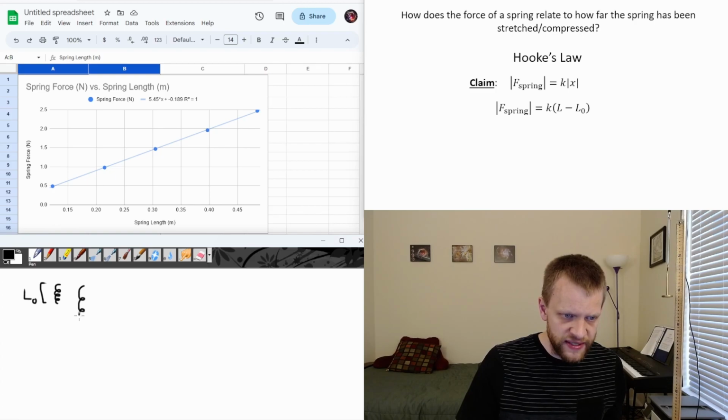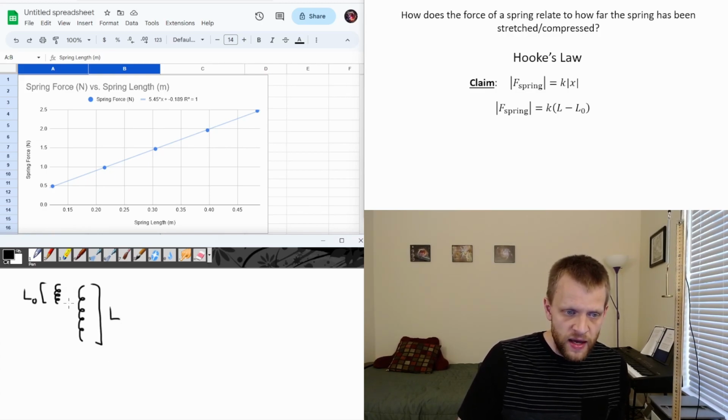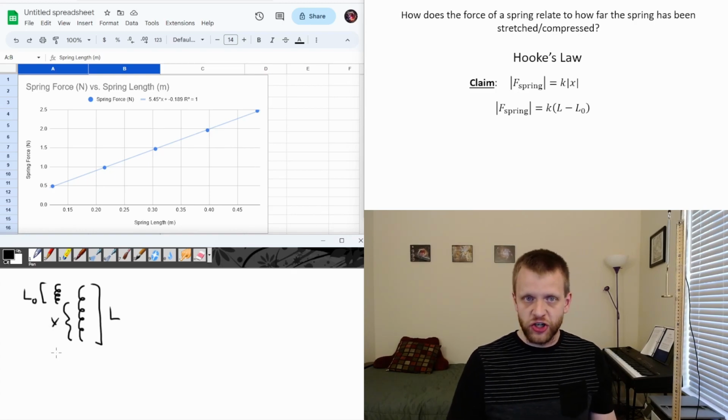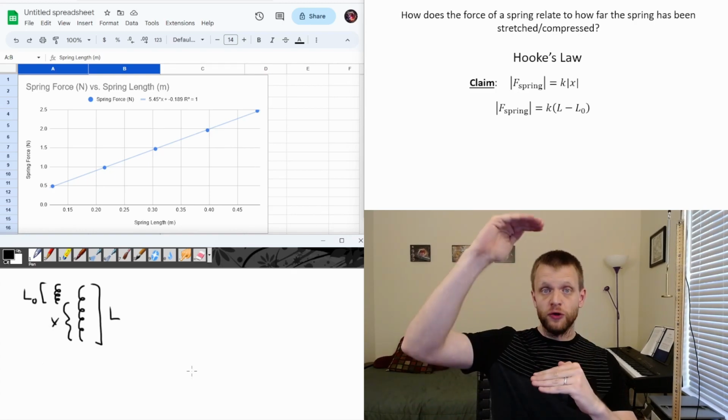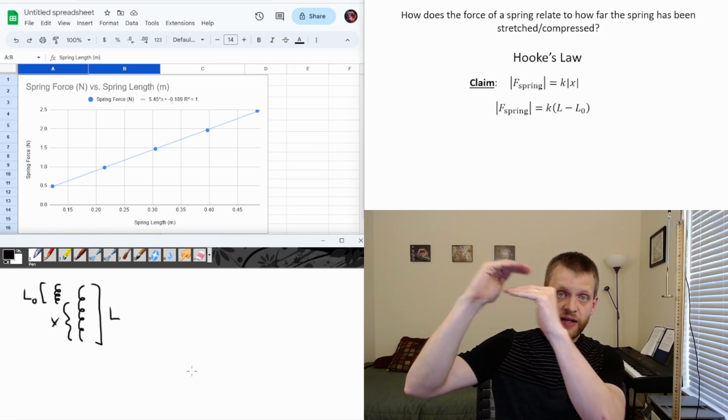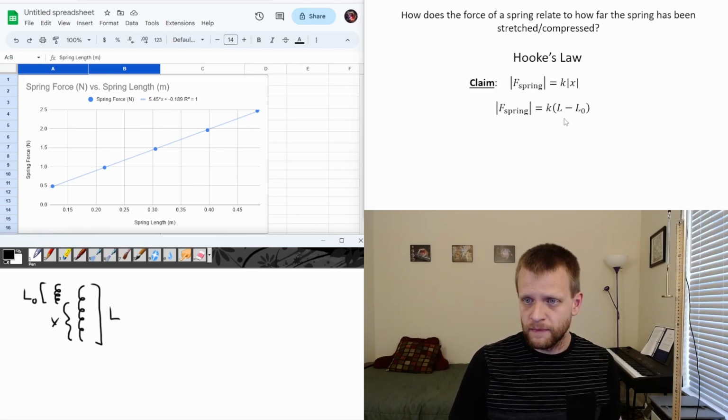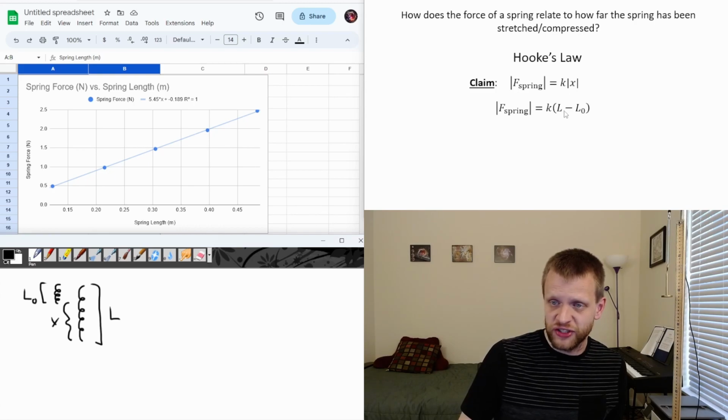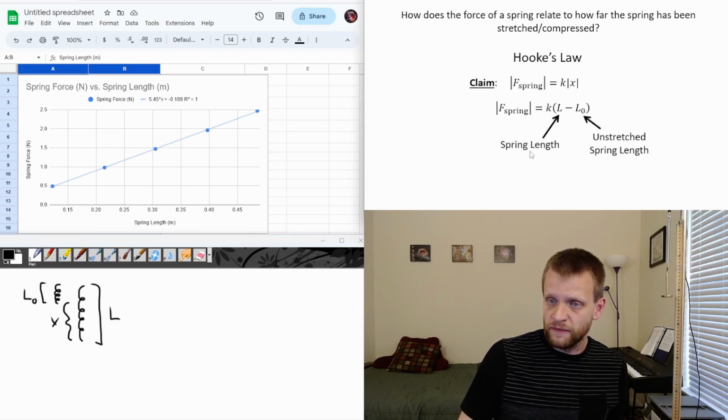And then when I attach some mass to it, or when I start applying a force to it, now it has this full stretch length. If I want to know how far it stretched, that's just the difference between the full length of the spring and the unstretched length of the spring. Okay. So I can express that stretch distance in terms of the full spring length and the unstretched length of the spring.